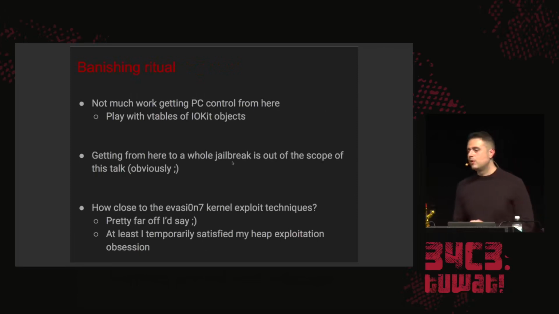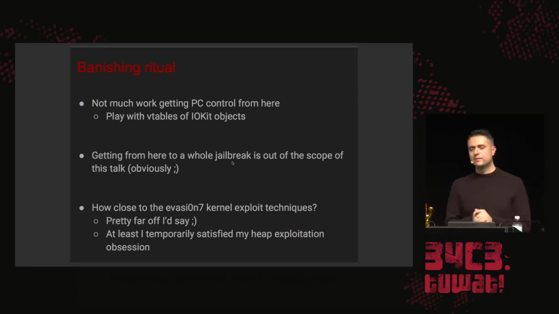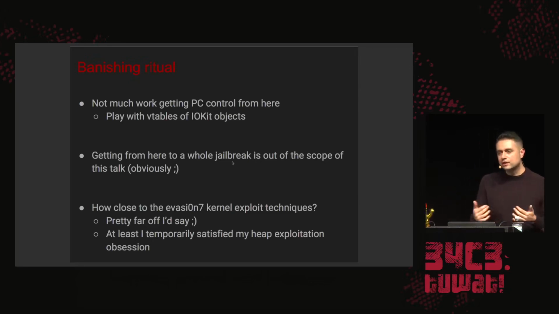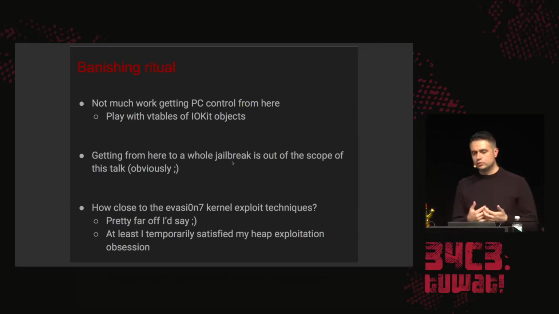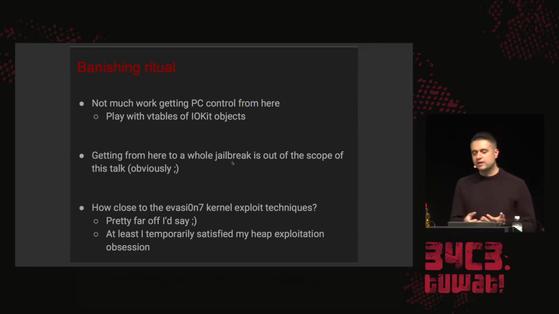So once you reach that point, how do you get PC control? Since you can use the Dowd and Mark technique, you can basically do a heap overflow. So you can again do a heap arrangement. You can place IOKit objects next to vm_map_copy structs where you can overflow from, and you can corrupt IOKit objects.